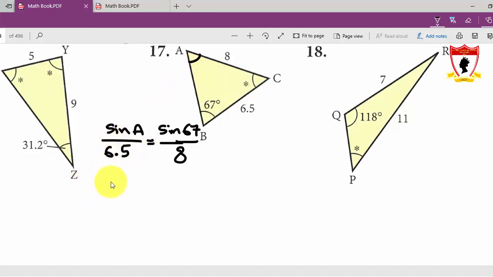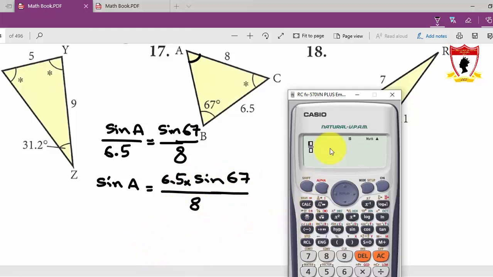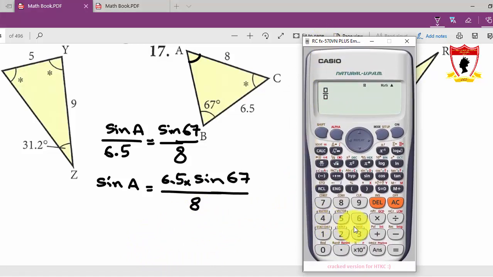Sine of A, we can find it by multiplying 6.5 by sine of 67, and the result divided by 8. 6.5 times sine of 67 over 8 is equal to 0.747.